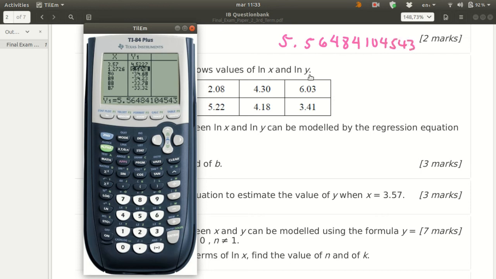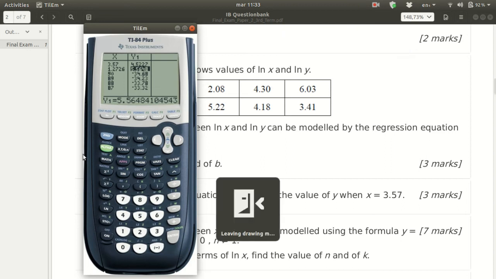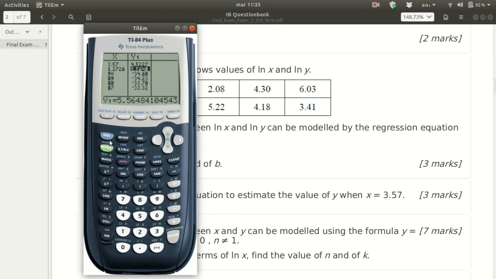5.564841045543, and that should be enough not to have any rounding problems. All right, and I'm going to use it here.